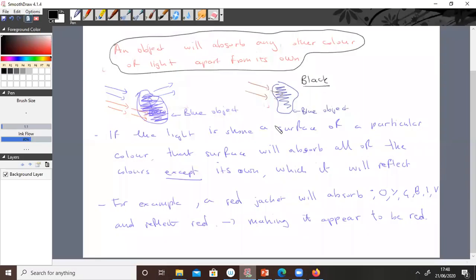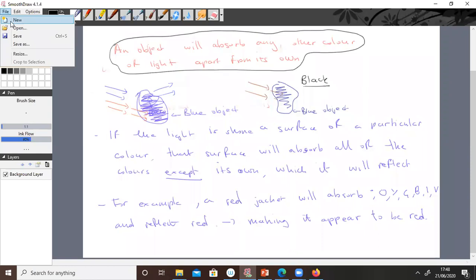Wavelength, frequency, and energy. These three things, I need you to copy down. Wavelength as your title, frequency as your second bit, and energy as your third bit.